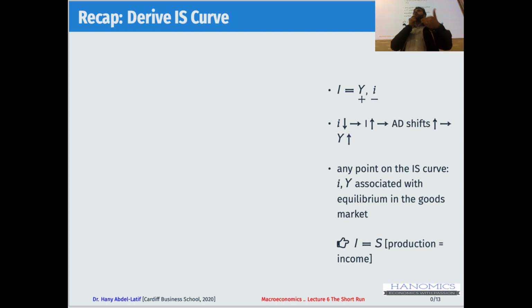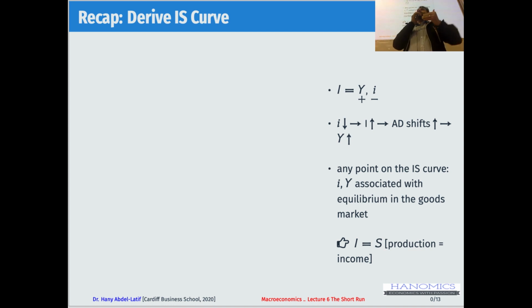So we know that investment is negatively correlated to changes in the interest rate. A higher interest rate means lower investment, and a lower interest rate will increase investment. So they're moving in opposite directions, and that's the key.